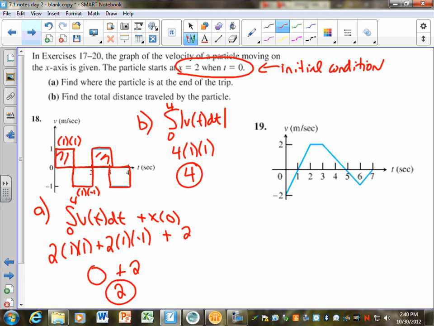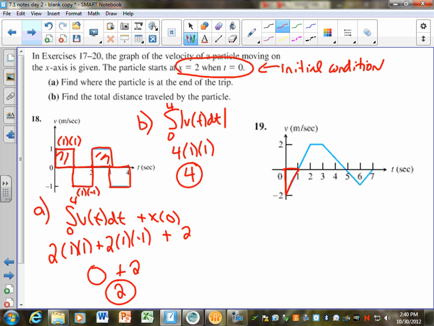Same thing with number 19 here. I'm going to kind of help you break this up, and then I want you to try it by yourself before I do it for you. But remember, you're drawing these areas into the x-axis. So I think you could have a nice little triangle here, which would be one area.